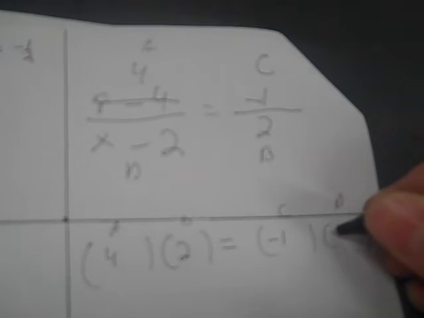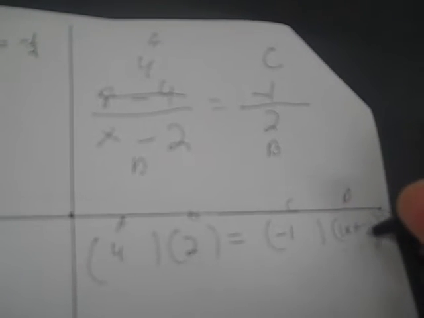So I'll be taking A times B and then C times D. A is going to be 4, B is going to be 2. C is -1, and D is 1x plus -2. So over here I know 4 times 2 is 8.